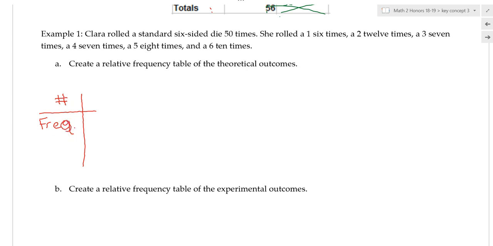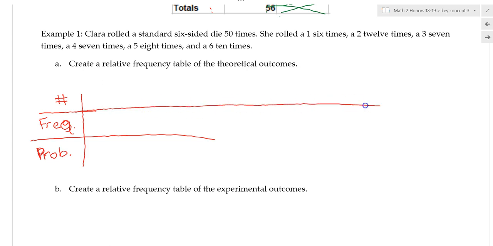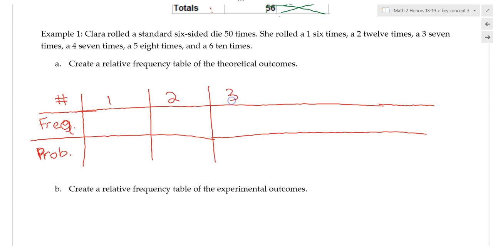This should say frequency, and then probability or relative frequency. I'm not going to be a stickler for which one we use. So we could get a 1, 2, 3, 4, 5, or 6.